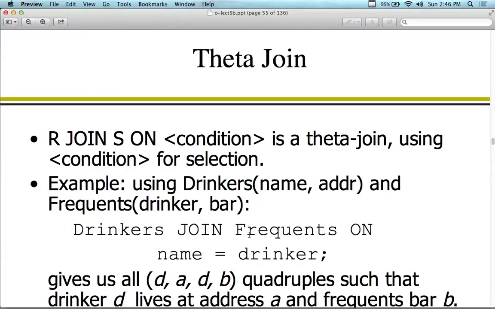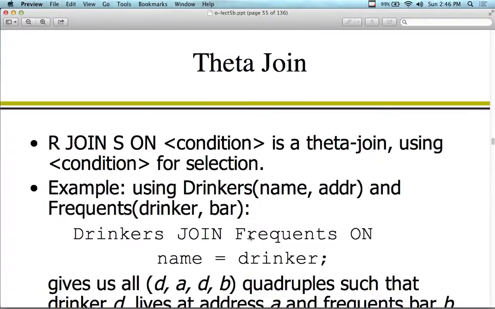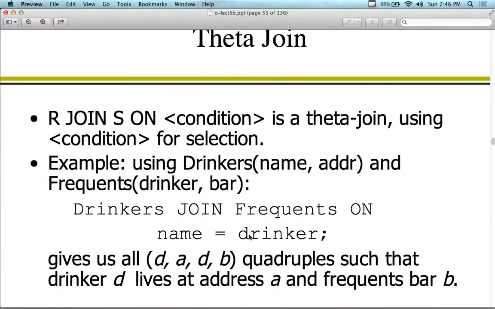If we're going to do the join, as I mentioned earlier, we want to do this the most efficient way. We join on the keys, because then we have the index that takes care of a lot of the speed for us. On the theta join, we have the R join S on a condition. So it is a theta join using the condition for the selection, where something is equal to something.